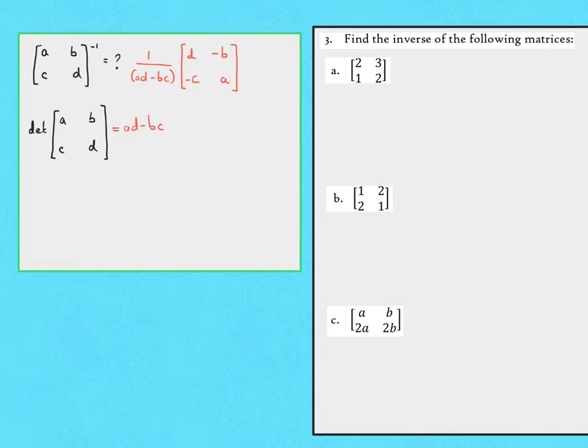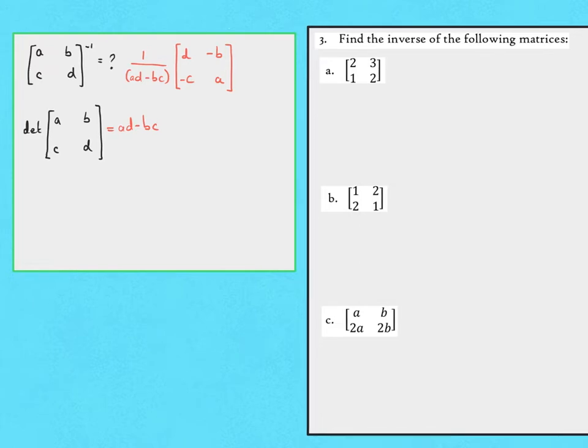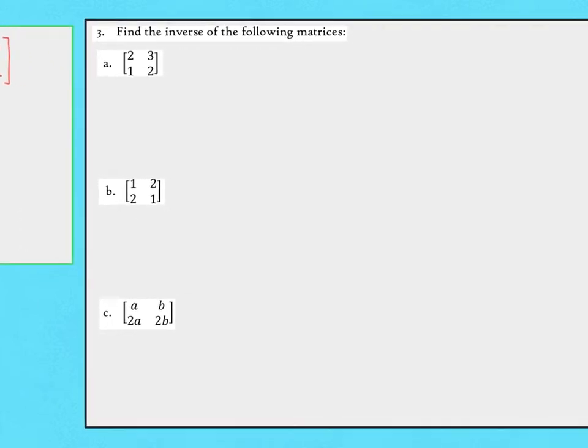So for our first matrix, 2, 3, 1, 2, the determinant of 2, 3, 1, 2 is equal to 4 minus 3, which is just equal to 1.